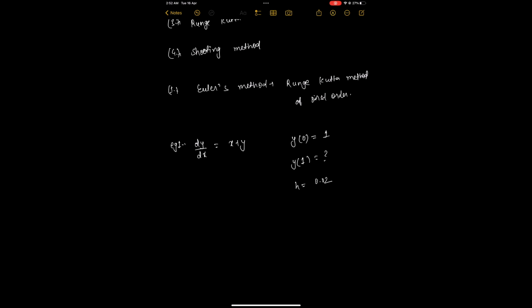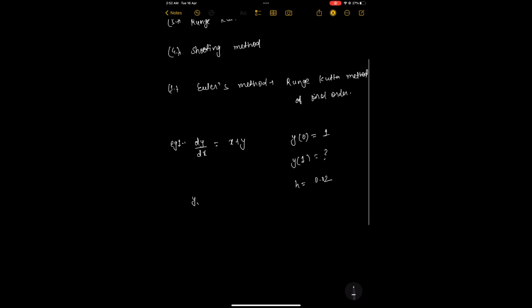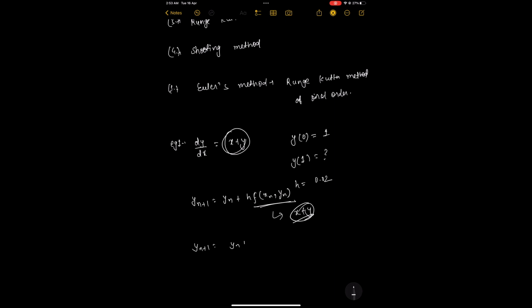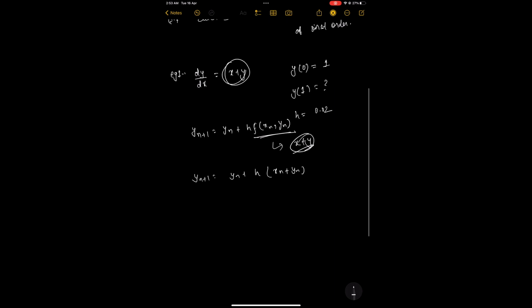The recursion formula for this method is y(n+1) equals yn plus h times f(xn, yn). Here f(xn, yn) is the right hand side, that is, for this problem it is x plus y. So y(n+1) equals yn plus h into (xn plus yn).